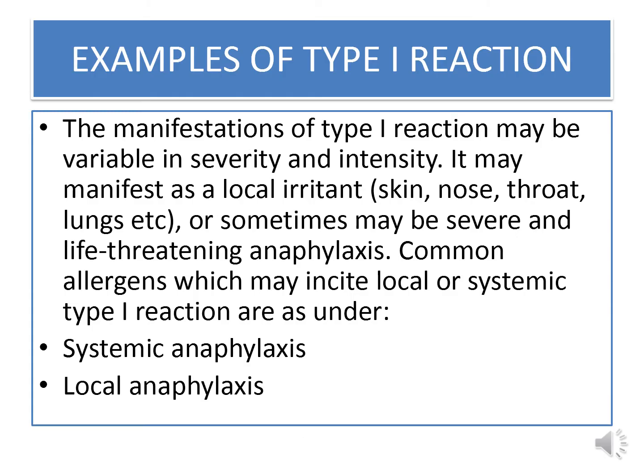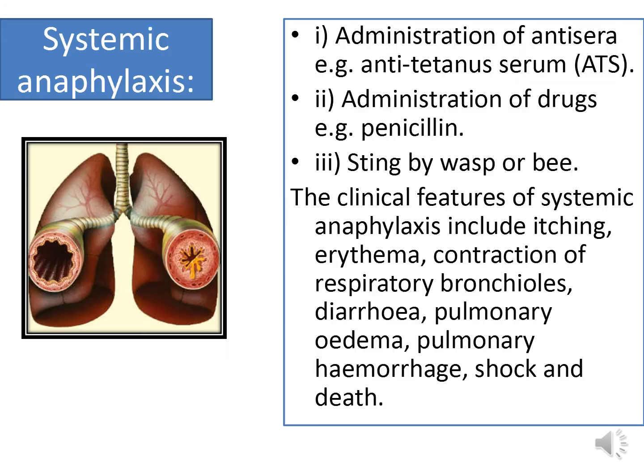And examples of type 1 reactions may be skin, nose, throat, lungs manifestations, sometimes severe and life-threatening anaphylaxis. Common allergens may incite local or systemic types of reactions, resulting in systemic anaphylaxis or local anaphylaxis.